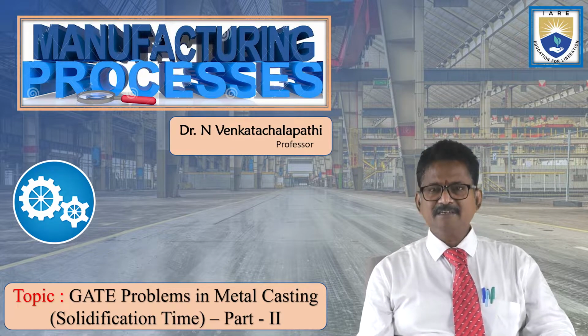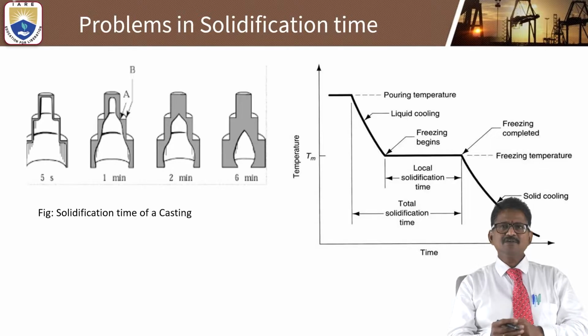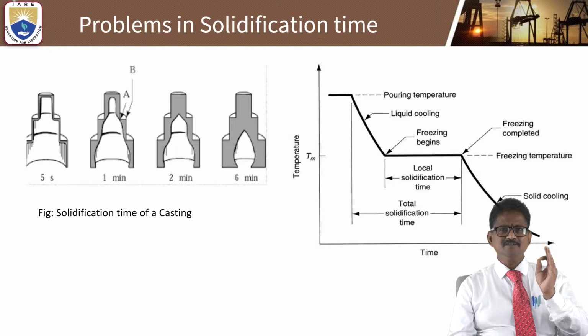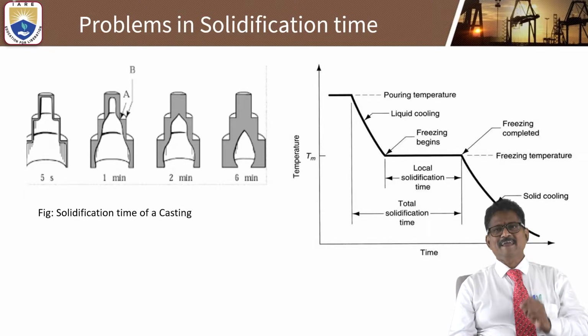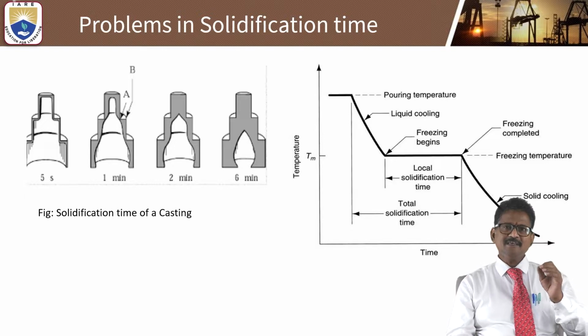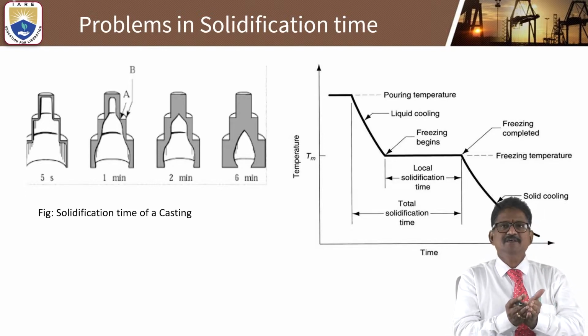I'm going to discuss some of the problems in this area. The problems in solidification time mainly focus on the solidification time of a casting. In any manufacturing process, especially metal casting, the key thing is how you pour the molten metal into the mold cavity.